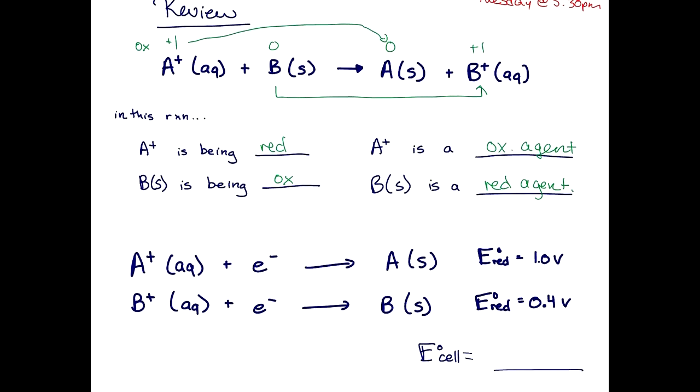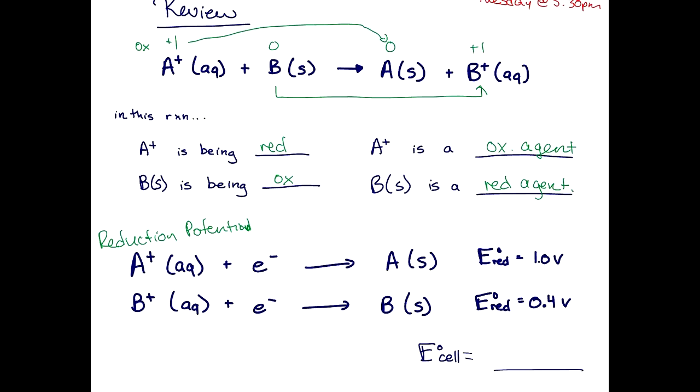All right, so now let me give you numbers. The same reaction. Here, I give you reduction potential. If you go to the textbook and look up values for these chemical half reactions, you'll always find reduction potentials. You're not going to find oxidation potentials.